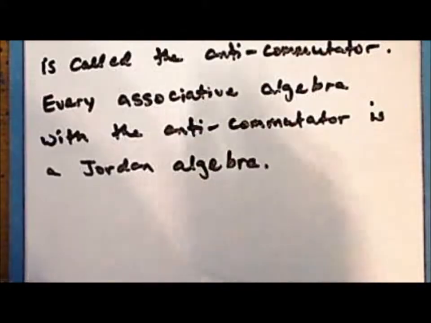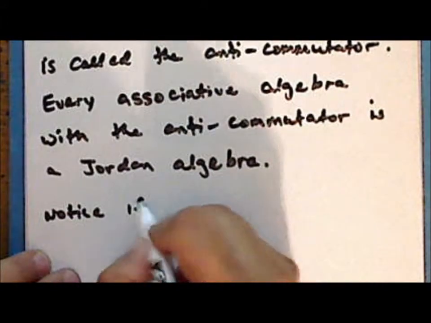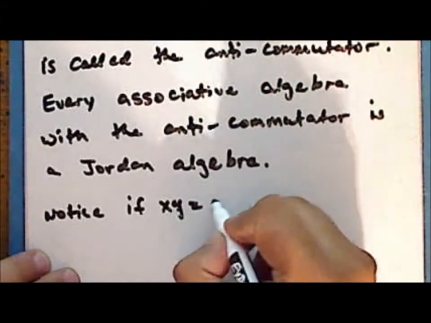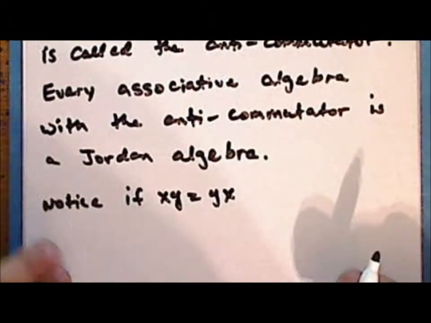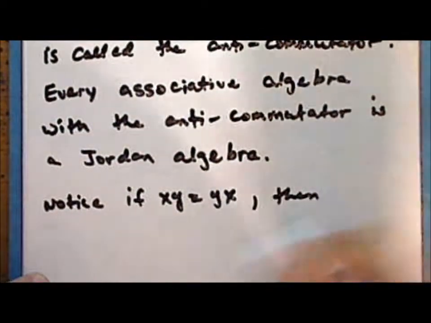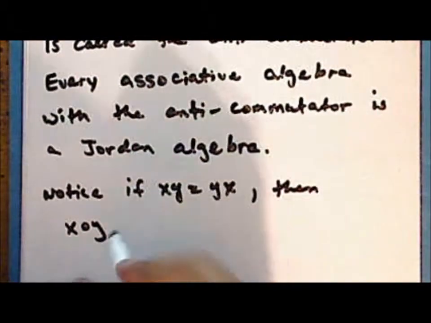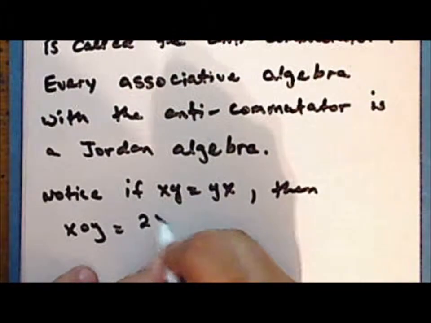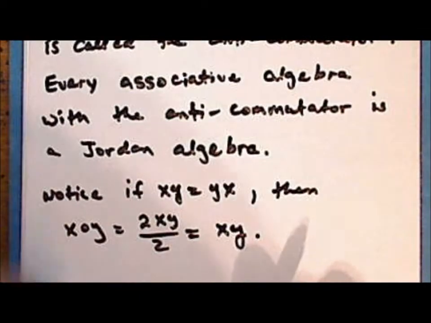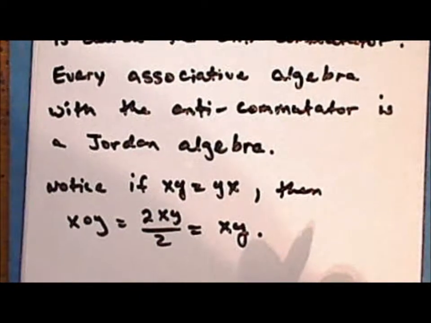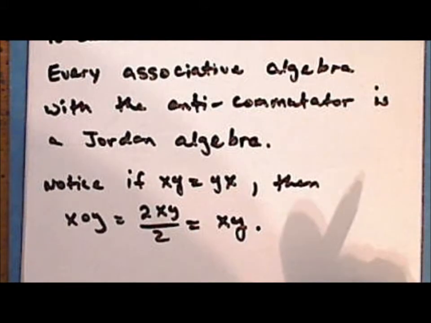Now notice that if x times y is the same as y times x, that is, if multiplication is commutative, then the anti-commutator x circle y is 2 times x times y over 2, which is x times y. And so the anti-commutator does not change multiplication for commutative algebras.